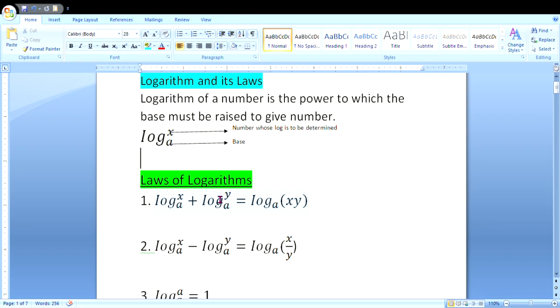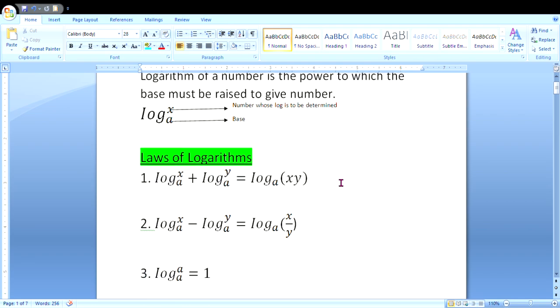Okay, now we'll come to that later. Now let's look at the laws of logarithm. One of the laws, number one: if you have a logarithm of a number and the bases are the same, but the operation sign here is addition, which is plus.